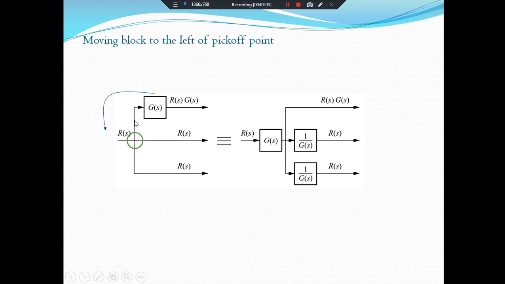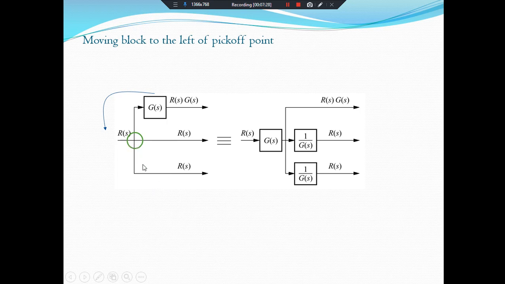It is clear from this block diagram that the output of this G of S will be the input into G of S, and in the other branch there is no subsystem, or you can say it has unity gain transfer function.